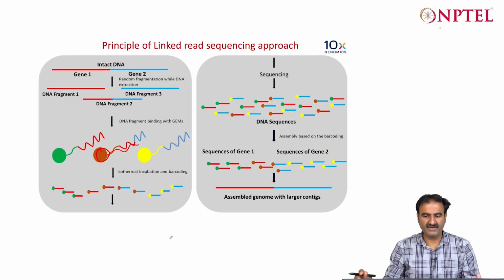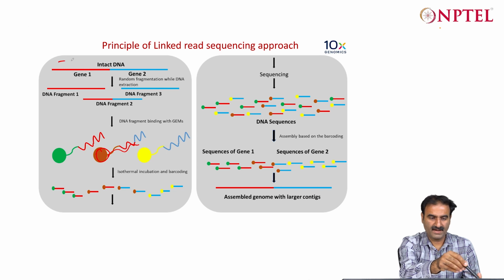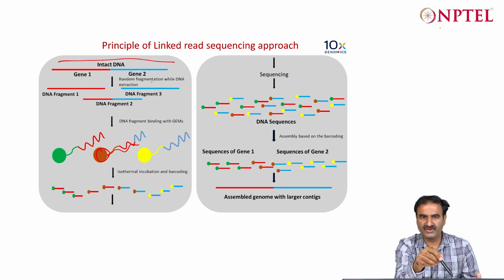If you look at this image, this becomes clear. This is one intact DNA, which is now broken into three pieces: fragment 1, fragment 2 that contains parts of two genes, and fragment 3. I am just writing gene for convenience, otherwise it is basically two different regions in the DNA.